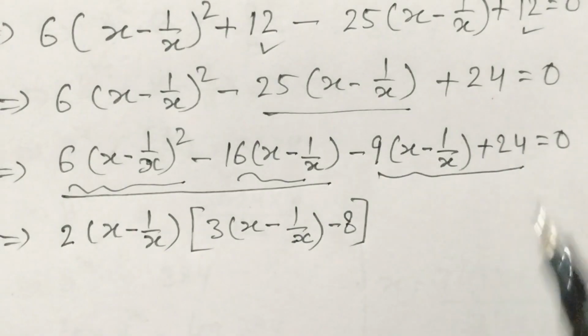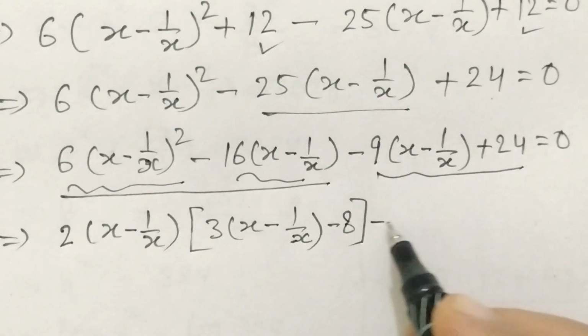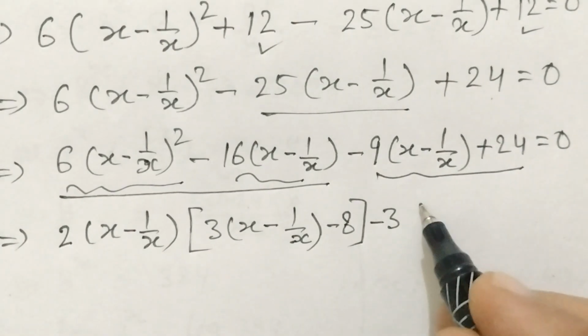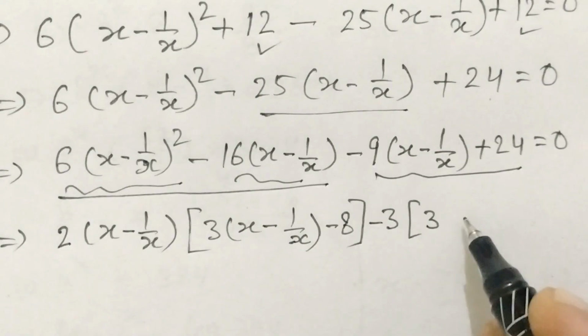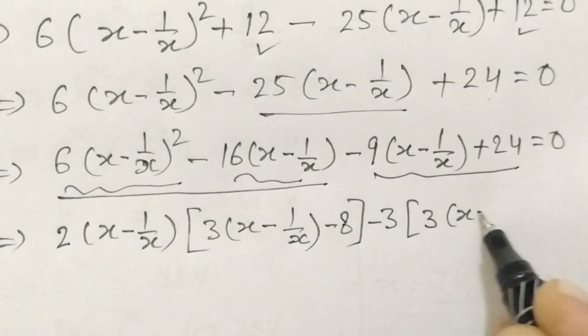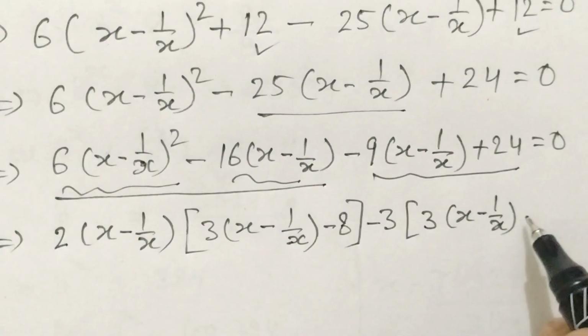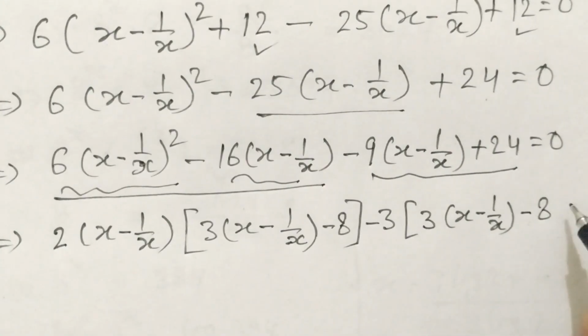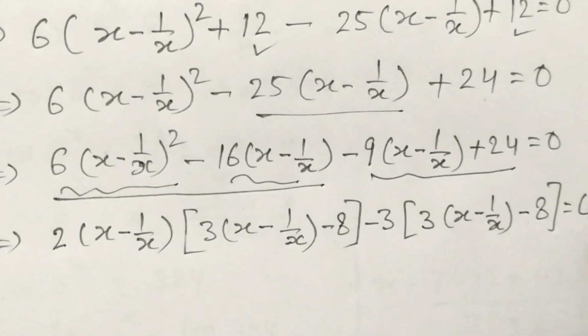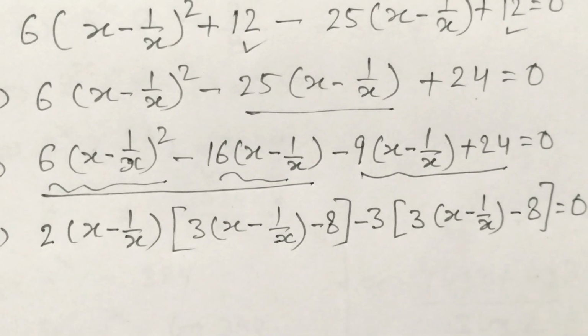And now we will take 3 as common, so 3(x - 1/x) minus 8 is equal to 0, okay?